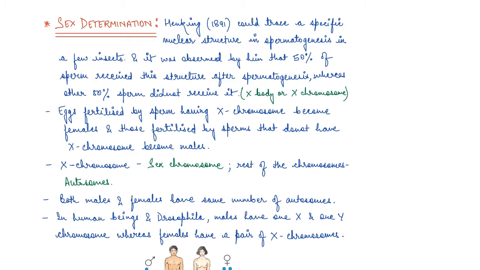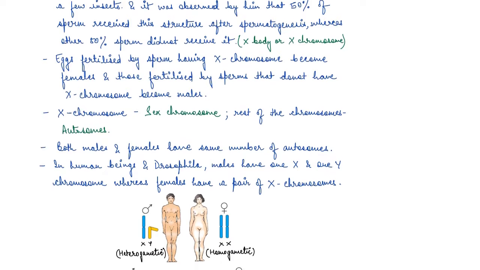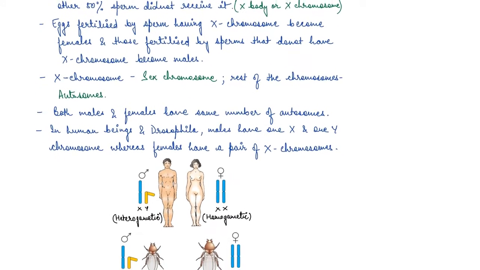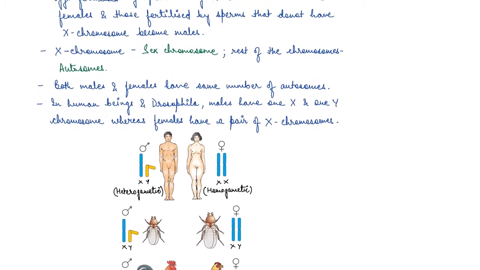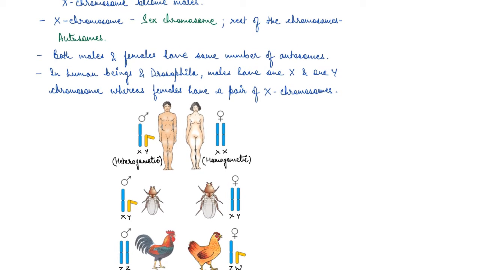That is how it was determined that the X chromosome is the sex chromosome and the rest of the chromosomes are autosomes, right? Both males and females have the same number of autosomes, so the number of normal genes is the same in males and females.